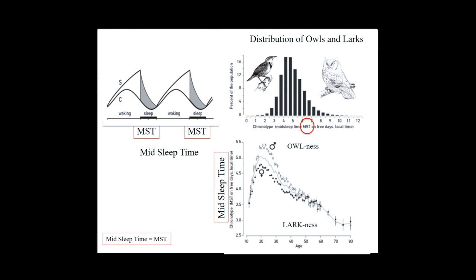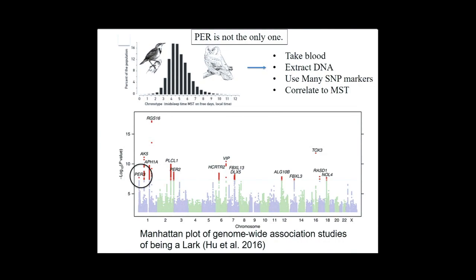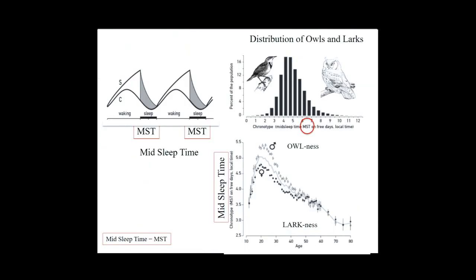And this is over a series of people from age 11 to age 80. You see that men have more owlness early on in life, and women have less owlness and more larkness in that age group.